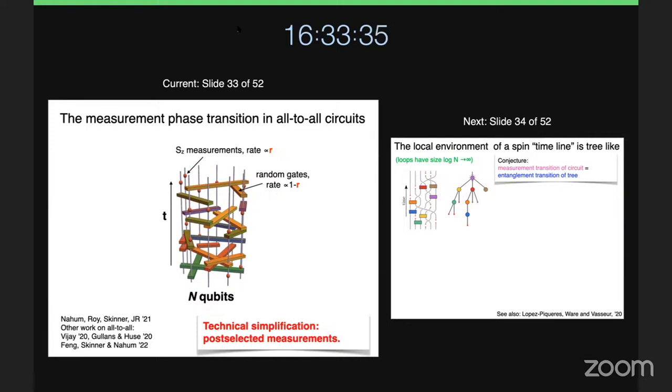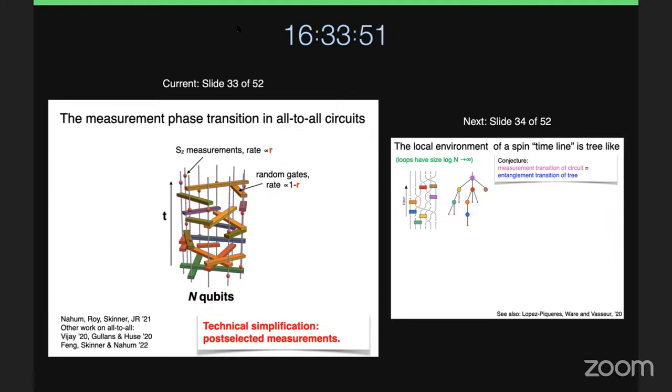And then we proposed this model where you have basically random unitaries applied between random circuits with probability 1 over R, and with probability R, you measure a random circuit. This is basically your dynamics.